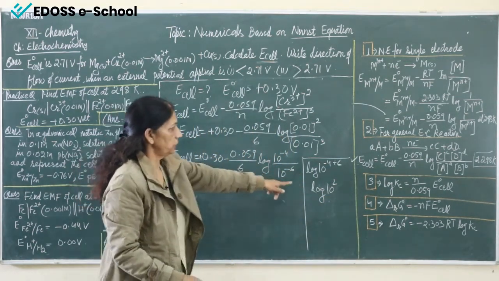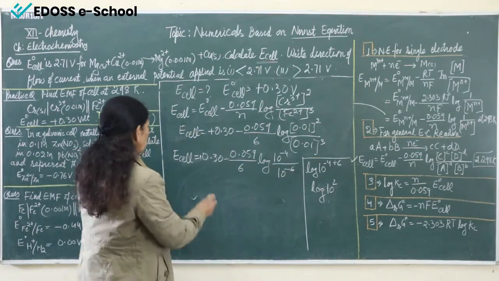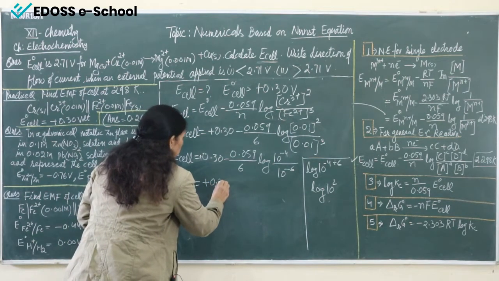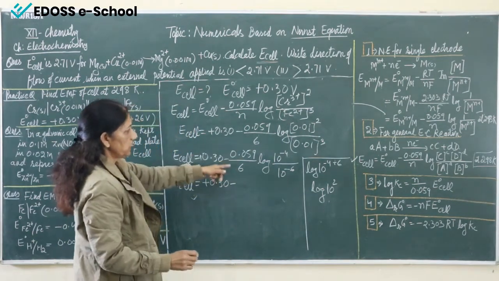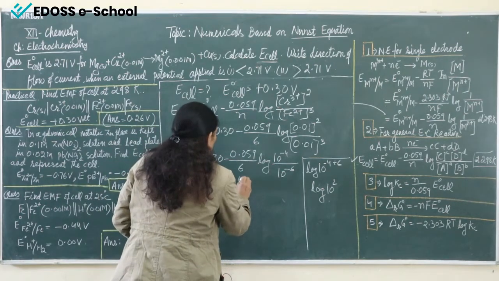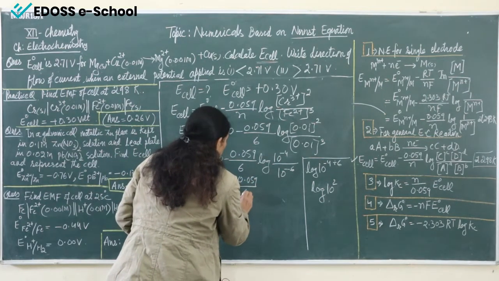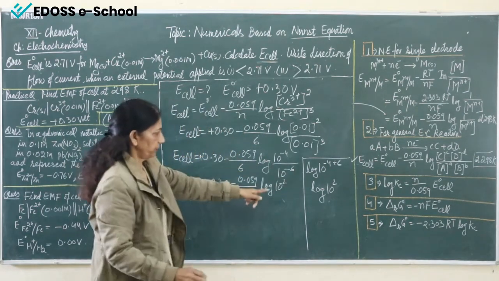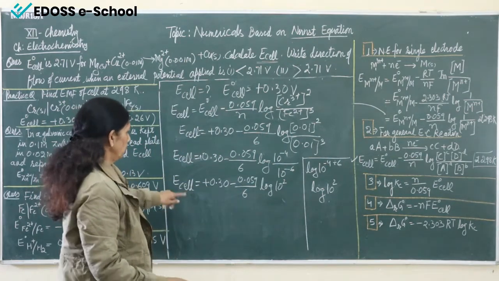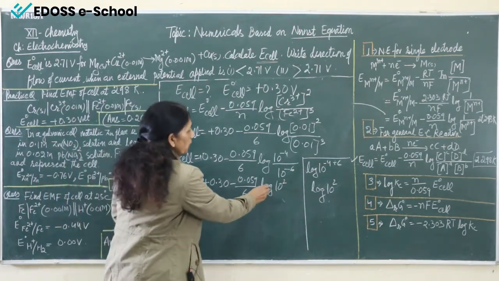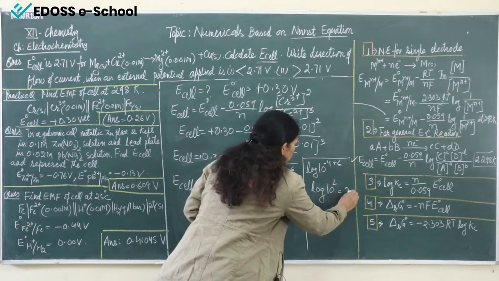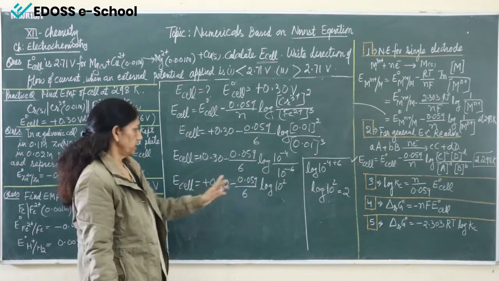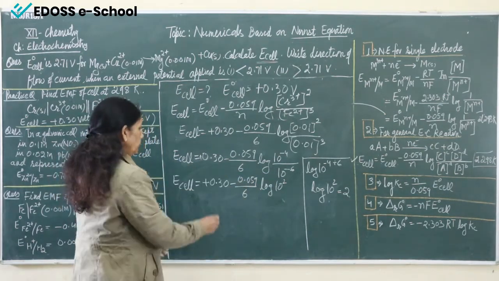So E of the cell is equal to plus 0.30 minus 0.059 upon 6, you have to divide, and this will be log 10 raised to power 2. Now you can solve it, and log 10 raised to power 2 is equal to 2. So in place of log 10 raised to power 2, you can put the value 2 here, and after calculating you will get the answer.